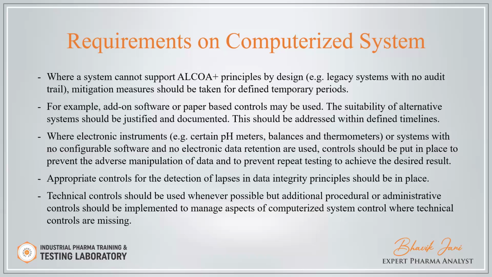Whenever you feel that the procedure control is not sufficient, then you have to give some administrative control for that. Administrative control is also required whenever you have a partially compliant or non-compliant system.